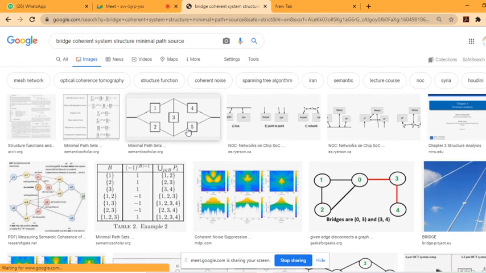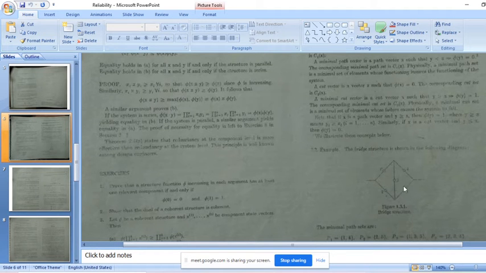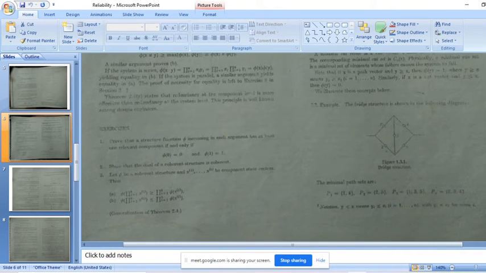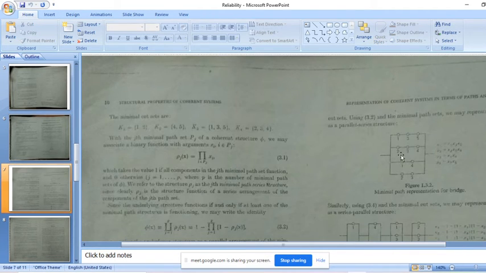That is available in this PowerPoint. The paths and the minimal paths are represented here. We have noted that the minimal paths are 1, 4; 2, 5; 1, 3, 5; and 2, 3, 4.